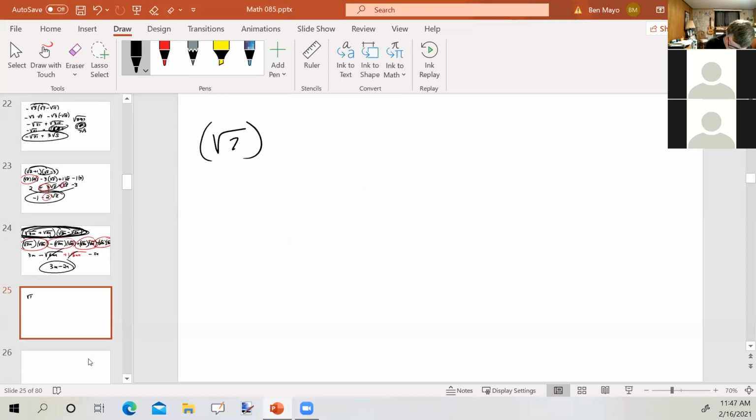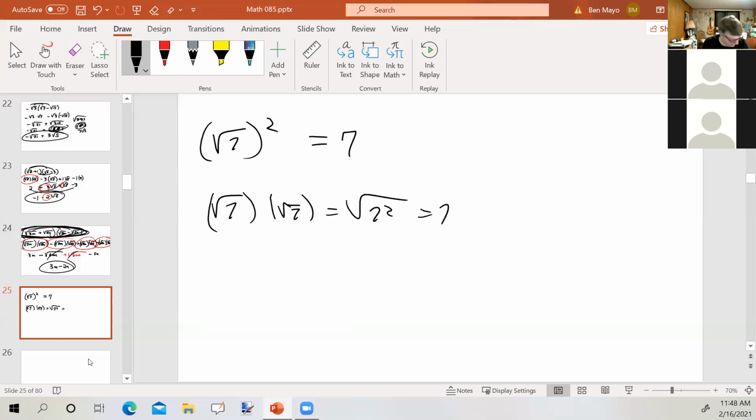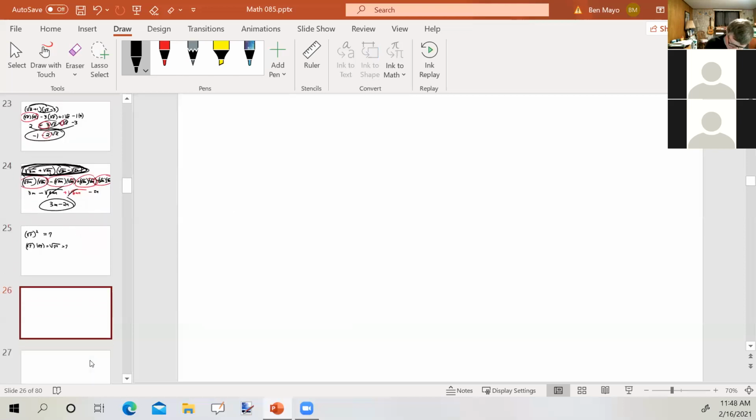What's the square root of 7 squared? It's just 7, isn't it? That's like the square root of 7 times the square root of 7, which would be the square root of 7 squared, which would be 7. How about the cube root of 9 cubed?